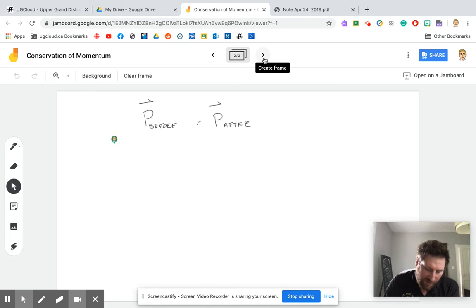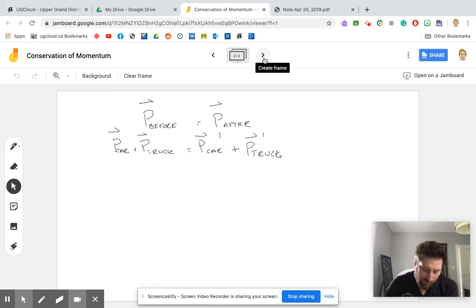So the momentum of the car plus the momentum of the truck is equal to the momentum of the car prime, which means after the collision, plus the momentum of the truck prime.